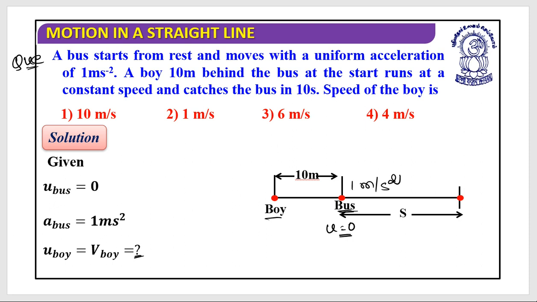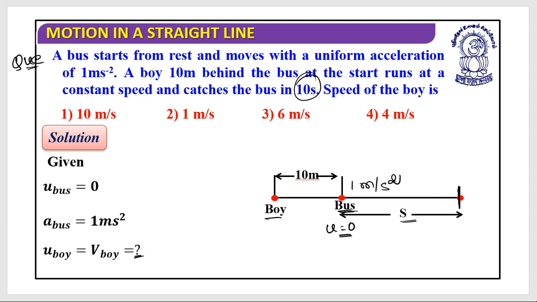How can I do this? What I can conclude is that the boy is having a motion with no acceleration. That means the acceleration of the boy is 0, while the bus is moving with accelerated motion. As they said that the boy catches the bus in 10 seconds, that means the boy and bus should be at the same location after 10 seconds.